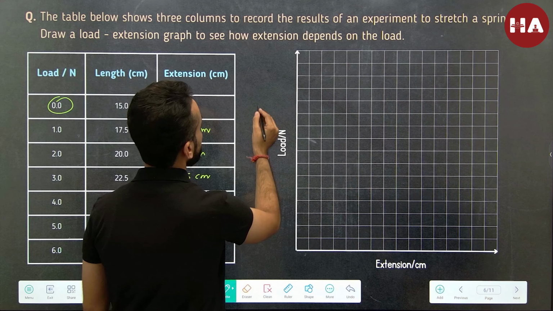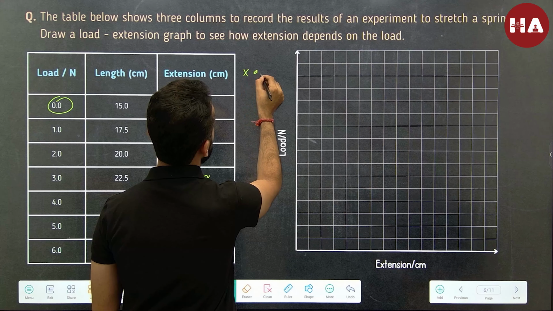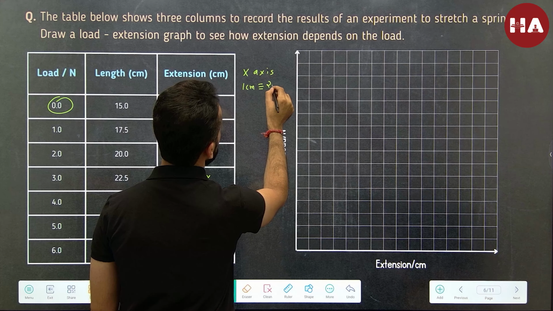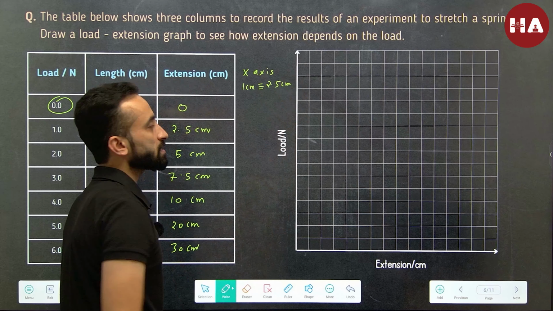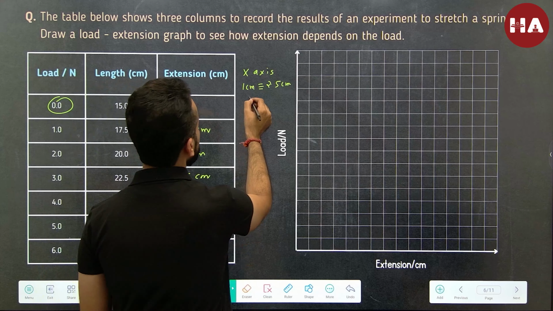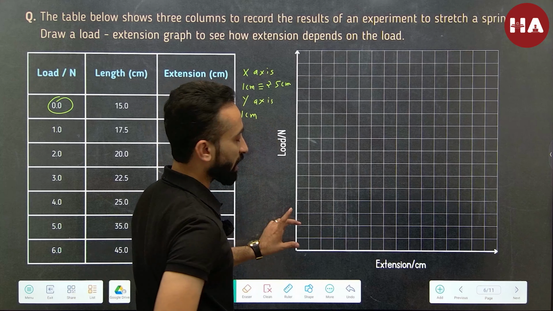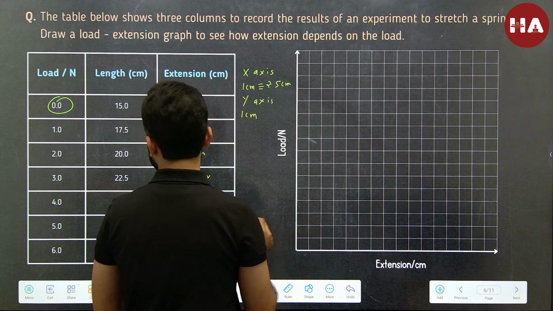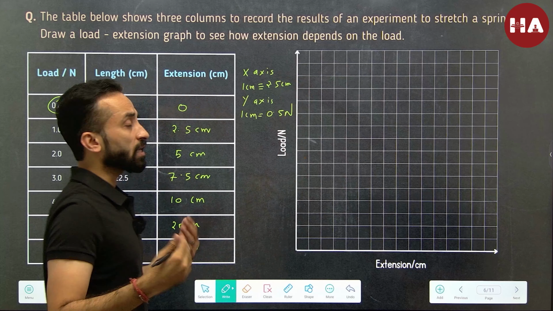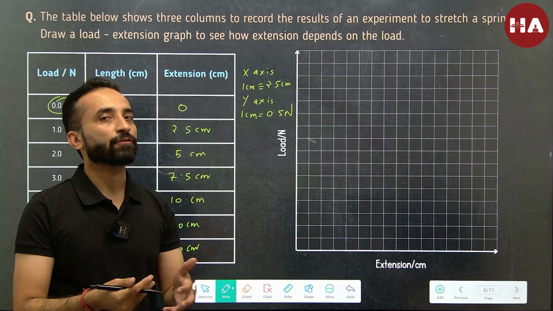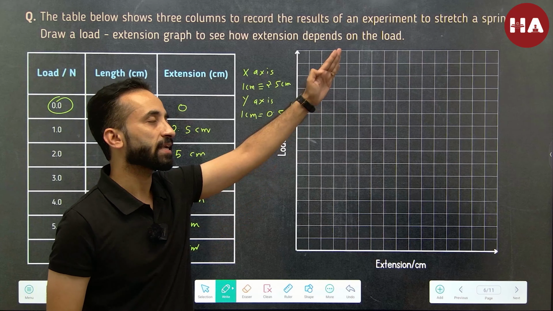X-axis, the scale is, let's say 1 centimeter is representing 2.5 centimeter, and y-axis, 1 centimeter, that is 1 column, is representing, let's say if we have a scope of going up to 12, you can decide, 0.5 Newton. Now think about it, I will wait here, you try to plot the graph yourself and see if a straight line is being drawn.